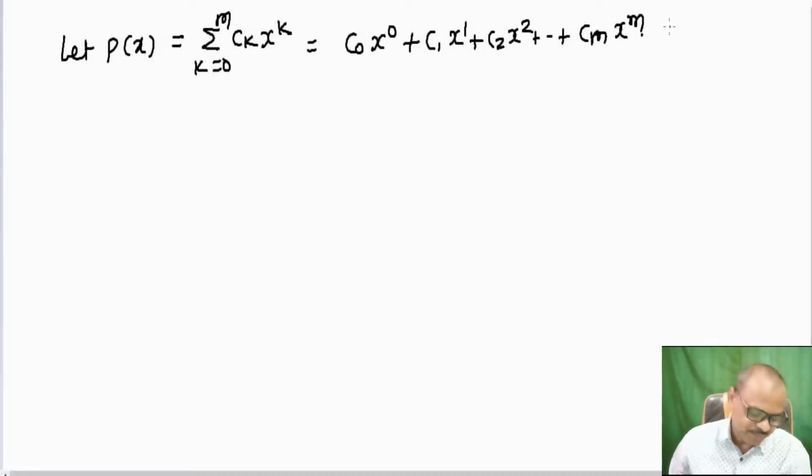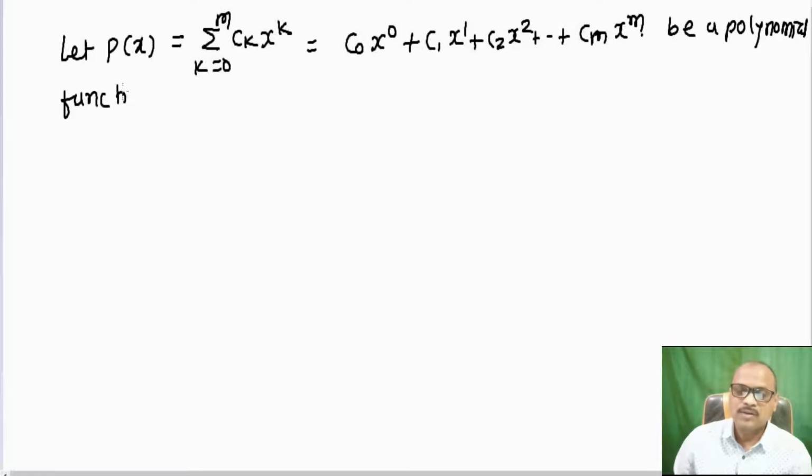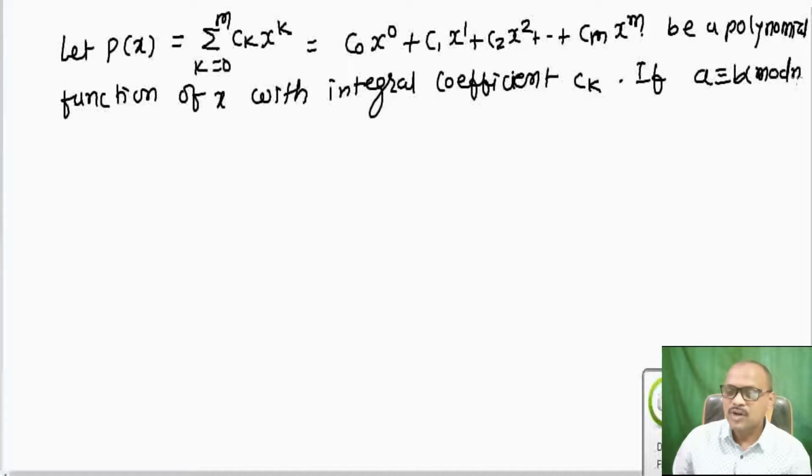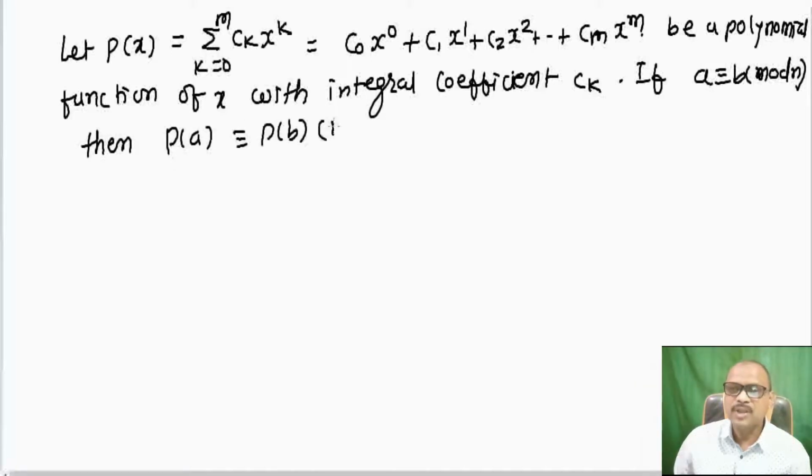I have expanded this. Let it be a polynomial function in x with integral coefficients. These c's are integral coefficients. If a is congruent to b modulo n, then P of a is congruent to P of b modulo n. This is our statement.